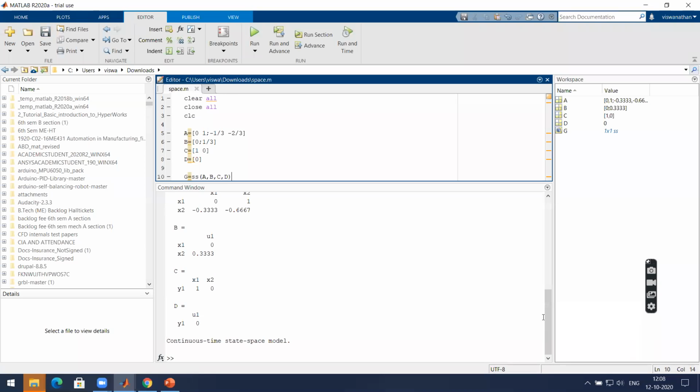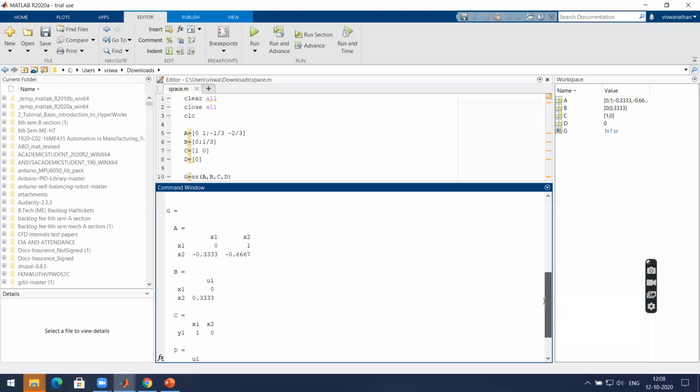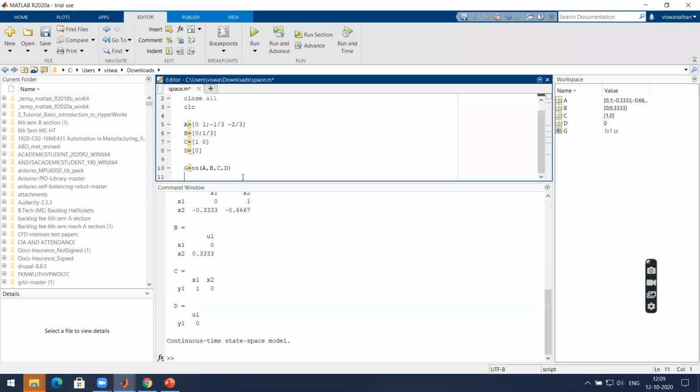So what you see here is we have got the same thing. This is what we gave. So this is a state space definition of that. Now what I am interested in is to get the transfer function from the state space.